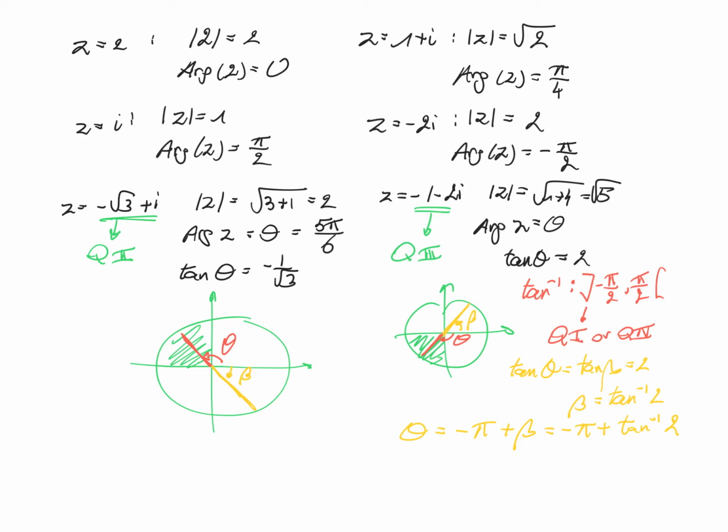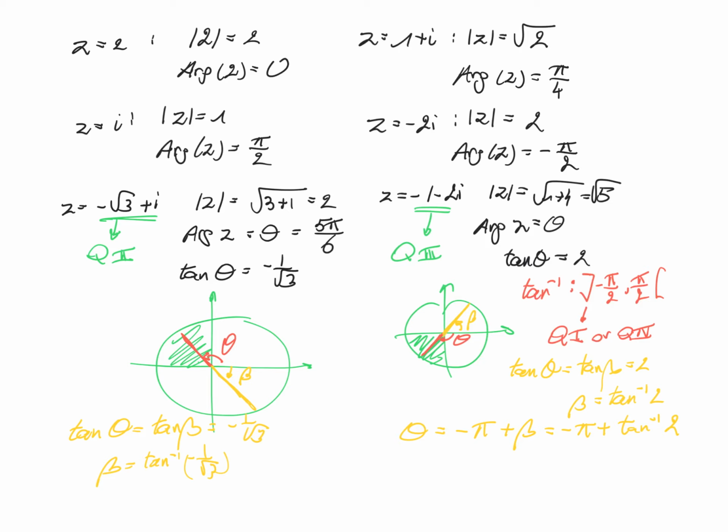For this one, we know that the tangent of theta is equal to the tangent of beta is equal to minus 1 over 3. We then know that beta is tan minus 1 of minus 1 divided by 3, because beta is between minus pi over 2 and pi over 2.